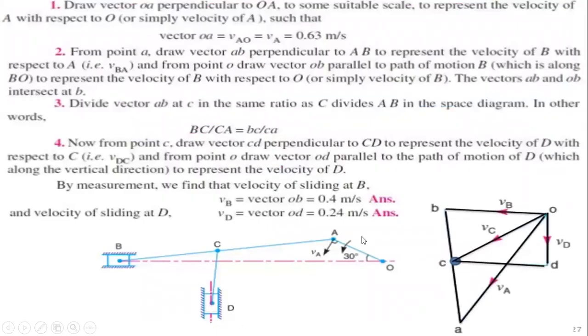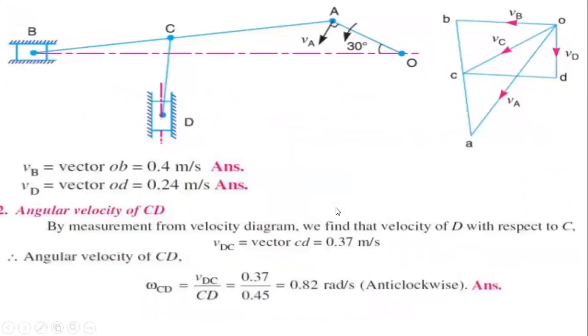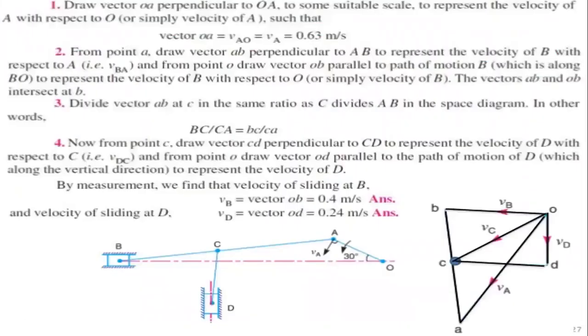Next we are going to draw the velocity diagram. First of all, we need to draw the vector OA, which is perpendicular to the link OA.